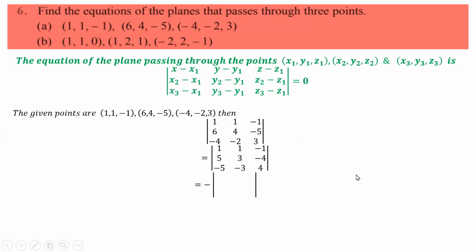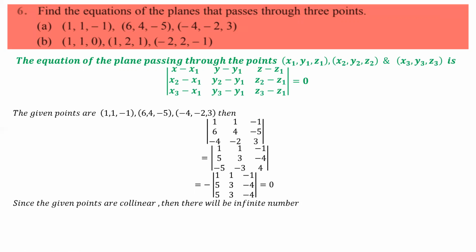Now take common minus from the third row. You will find the second and the third row are the same. So we can write the determinant value is 0. Since the determinant of these 3 points is 0, that means the points are collinear. So you can draw an infinite number of planes passing through 3 points.